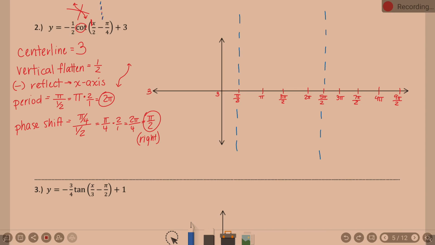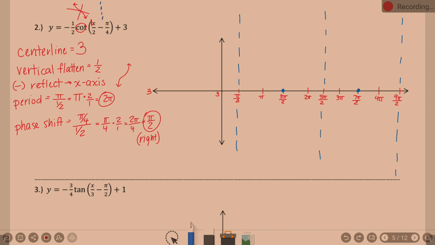Because my asymptote should have been at 0, 2 pi, and 4 pi. They each got shifted 1 right. Asymptotes are happening once every period. Where do my dots go? In the middle. So my dots end up at 3 pi over 2 and 7 pi over 2.